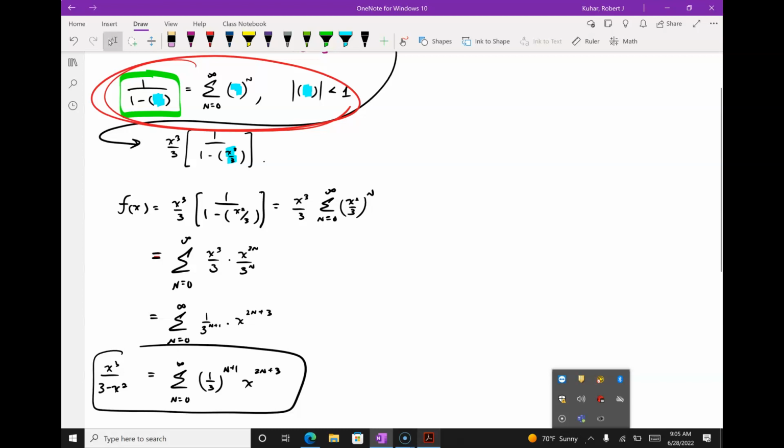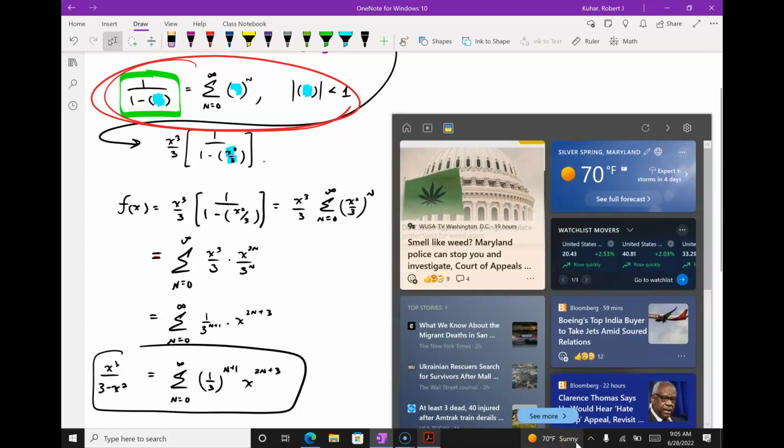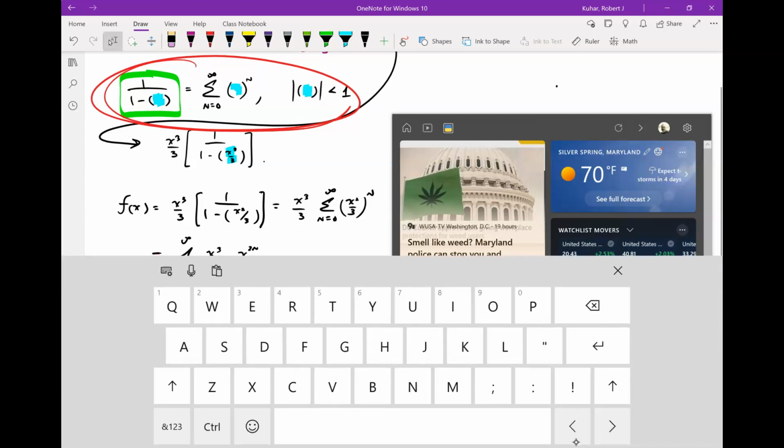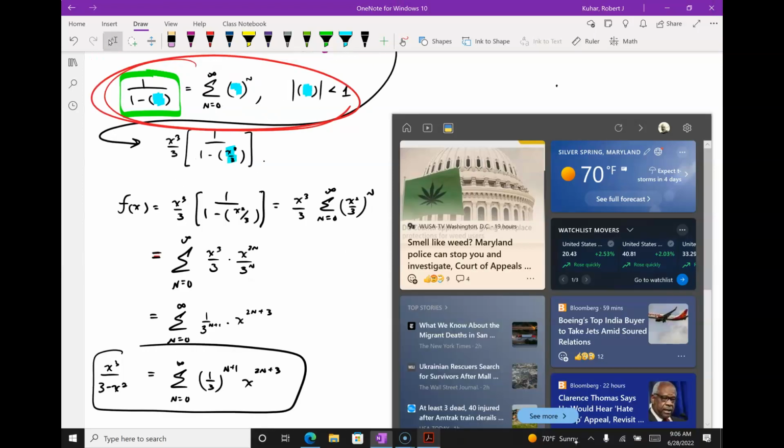Let's write out some terms here. Don't let me go too fast. Make sure you're following. How do I close this thing? Why can't I close it? There we go.